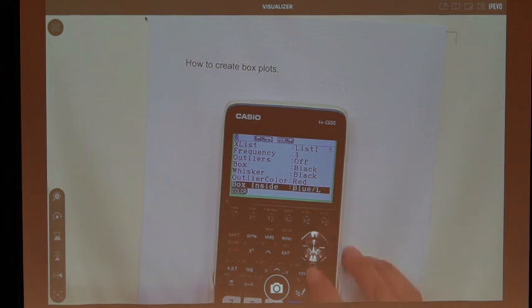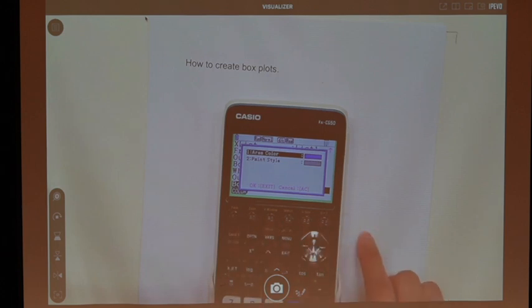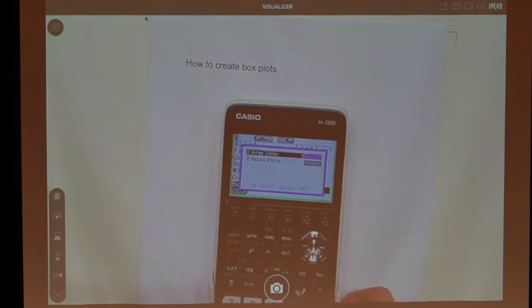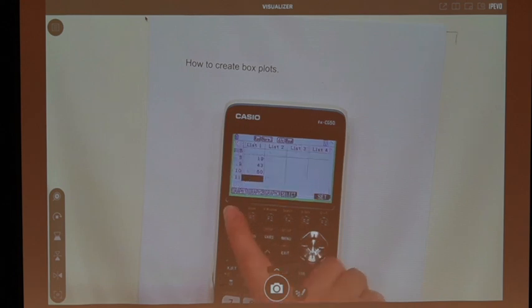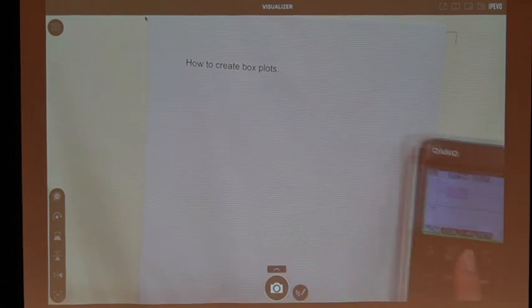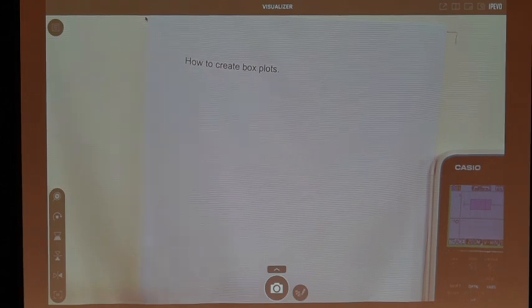Then you click on Color, F1. Area color, you press EXE to change to a different color. Once you get that, you exit and then you draw it again. You got your pink box plot. Yay. Oh, we are running out of time, so we need to move on a bit faster.